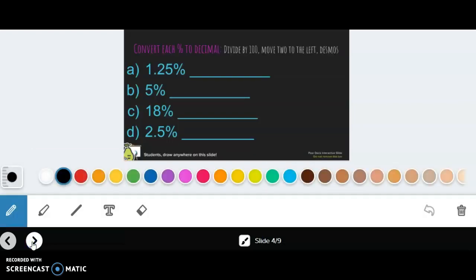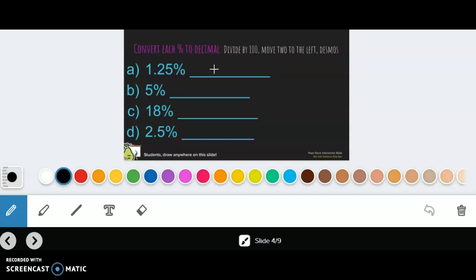Okay, convert each of these percents to decimals. So even if the percent already includes a decimal, you still have to divide by 100, move it 2 times to the left, or use Desmos to help you get rid of the percentage sign.